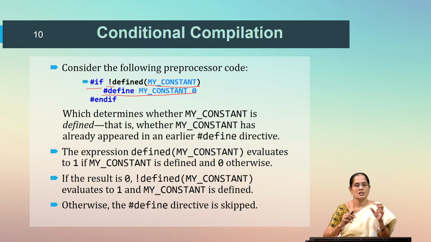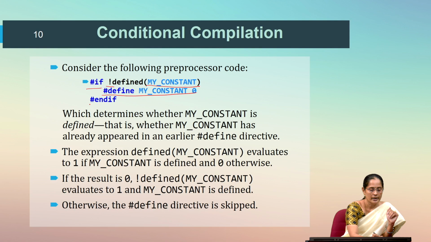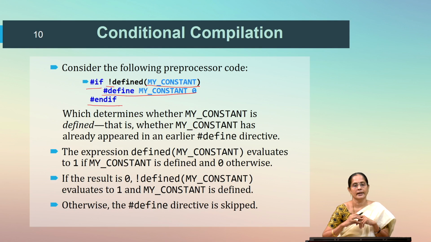Since this preprocessor directive starts with hash if, it is a conditional statement, we have to close it by ending it with hash end if. So, this is how conditional compilation can occur with respect to the preprocessor directive hash define, to play with the symbolic constant.